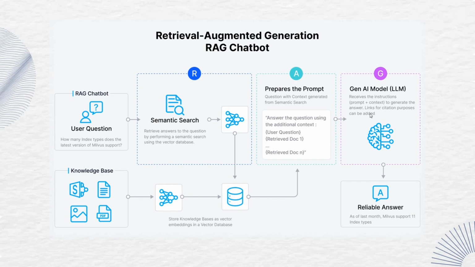The LLM reads all of these documents, consults these documents, follows the prompts and the user question, and we reach the generation phase. So here again it receives the instructions prompt plus context to generate the answer, and links for citation purposes can be added as well. As we already know, with ChatGPT also we can get the links for citations and references.